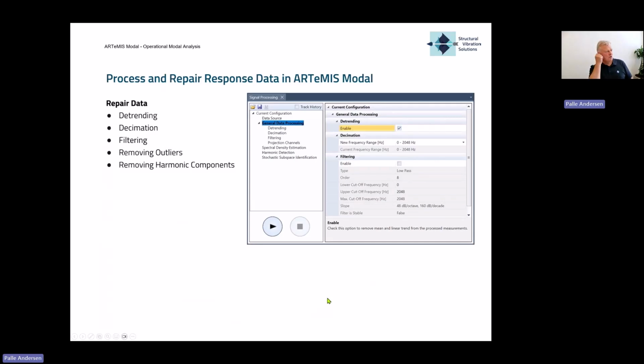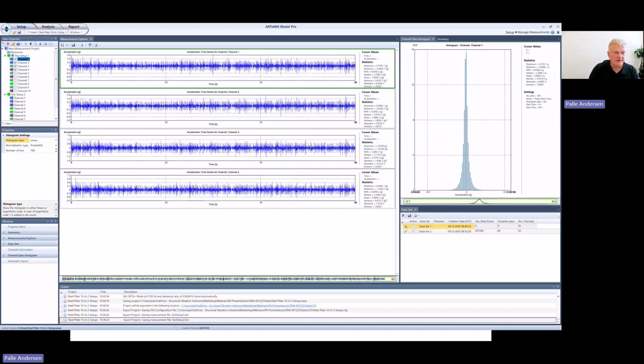Let's go and see what we can do with data that have troubles, you could say. In ARTeMIS, we have a signal processing dialog looking like this. It is in, let me just go to the software, that's probably easier then. It's the first task we have that relates to analysis.